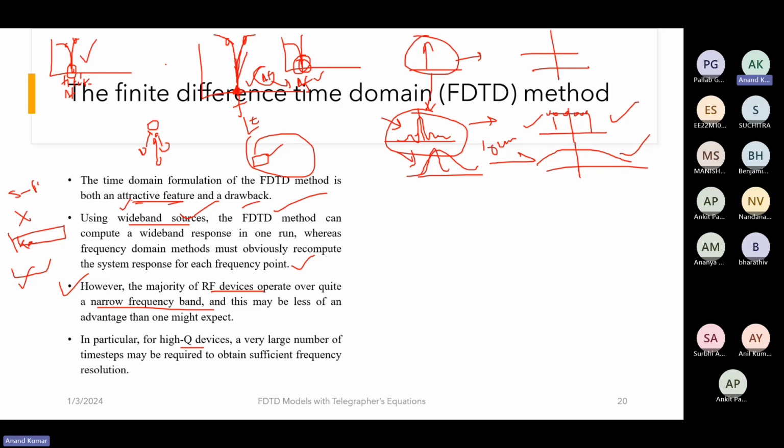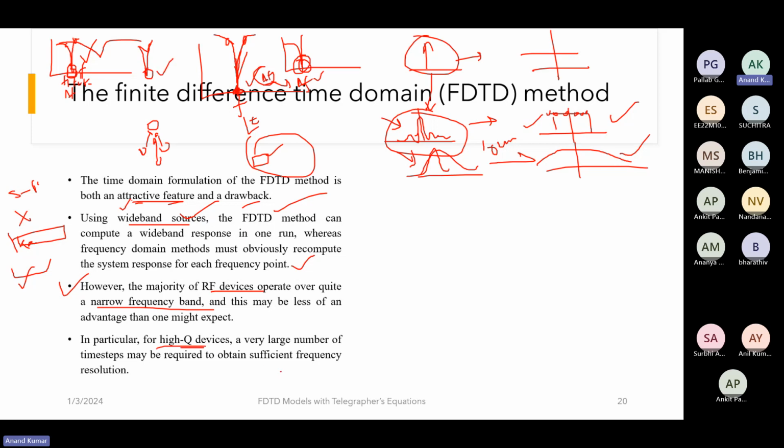But if your delta T was not sufficient to encapsulate this delta F gap, you might miss this point altogether and not see any resonance, or you might see something like this, because you did not solve at this frequency. So this is an issue for high Q devices.